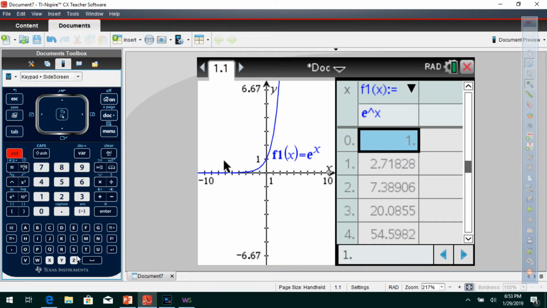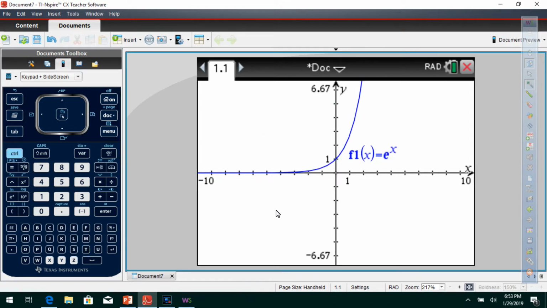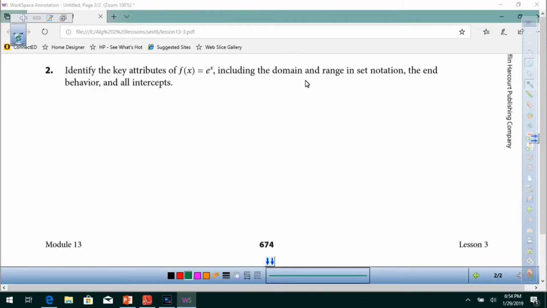Okay, so let's take a look at it. As x approaches negative infinity, f of x approaches 0. As x gets out here and approaches positive infinity, f of x approaches positive infinity. Domain.